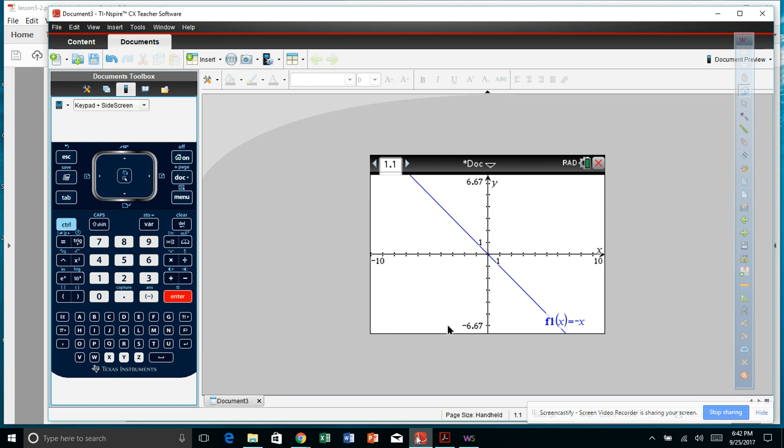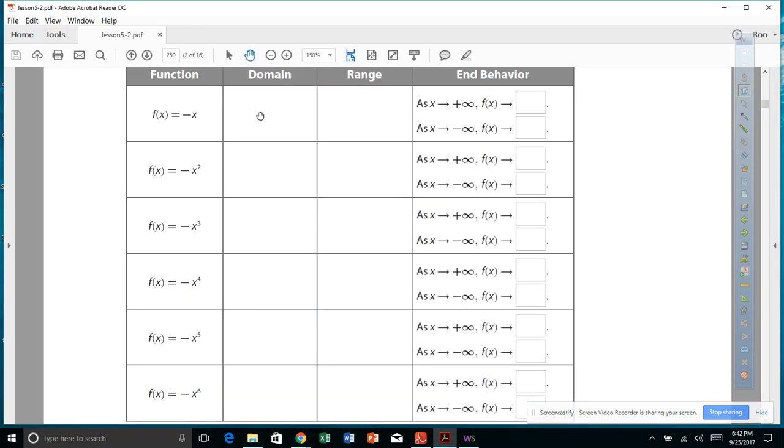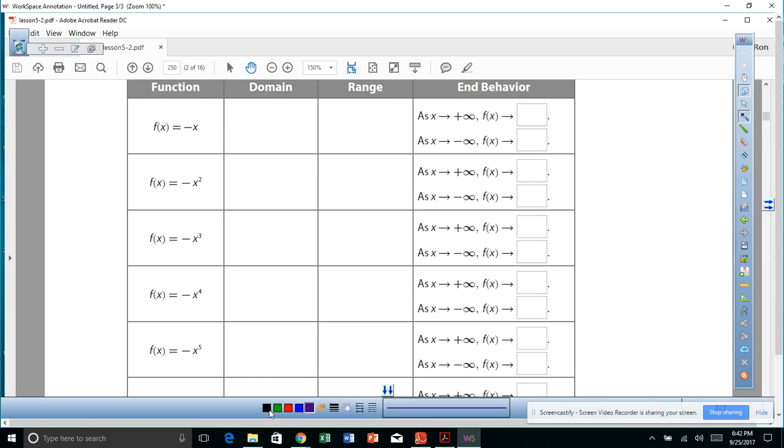Okay, so what do we got? The domain is going to be negative infinity to positive infinity. The range is going to be negative infinity to positive infinity.